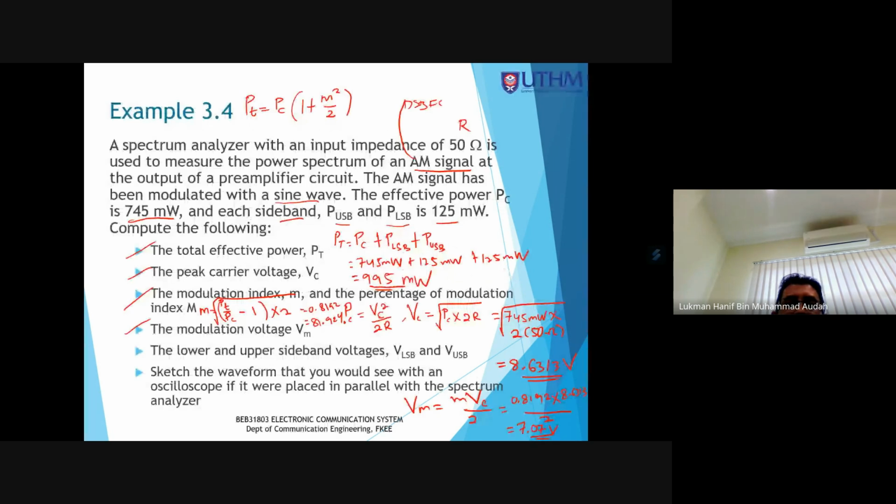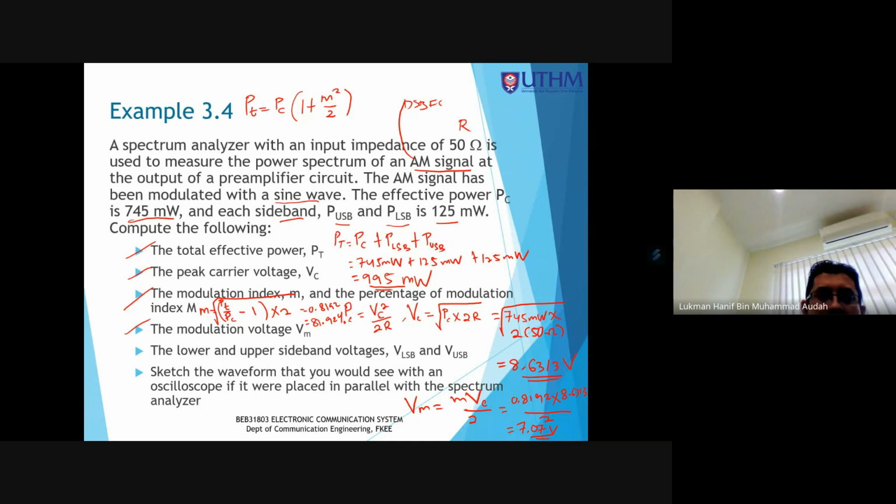Okay, so if you see from here, the lower and upper sideband voltage. As we have learned previously, VLSB is equal to VUSB, equal to VM over 2.